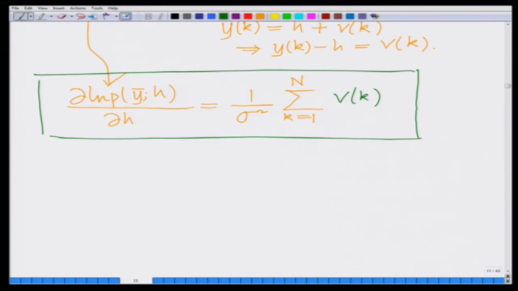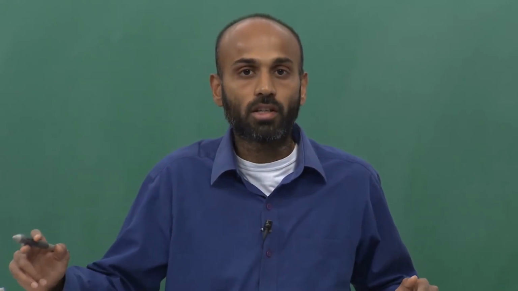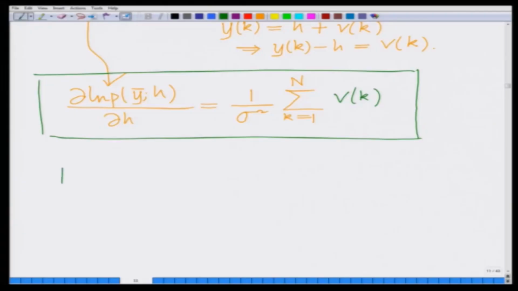Now, the Fisher information is the expected value of the square of the derivative of the log likelihood function. So, let us now compute the Fisher information, which is the next step to evaluate the Cramer-Rao lower bound.